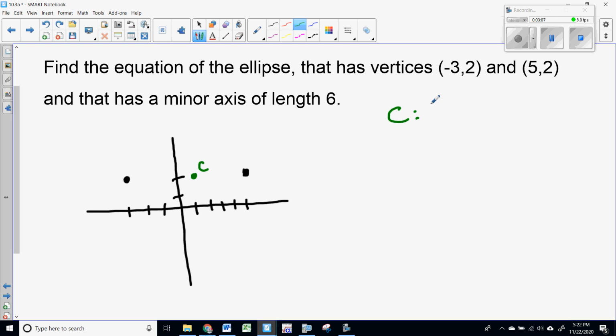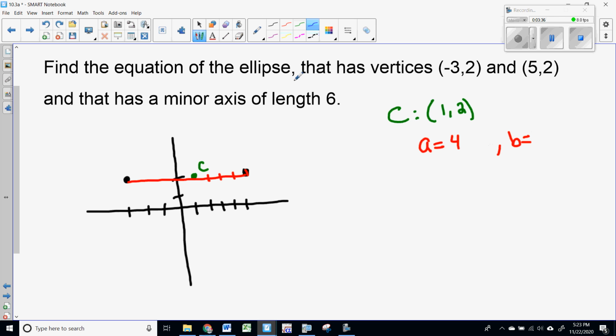Now, that's going to tell us right away what our a is. If you remember, the length of the major axis is 2a, and so our a is just the distance from the center to the vertex, which is 1, 2, 3, 4. So that is our 4. Now, to find our equation, the other thing we need to find is b.